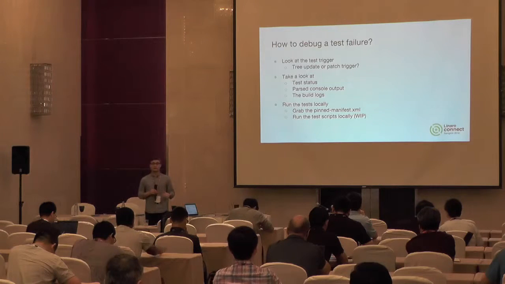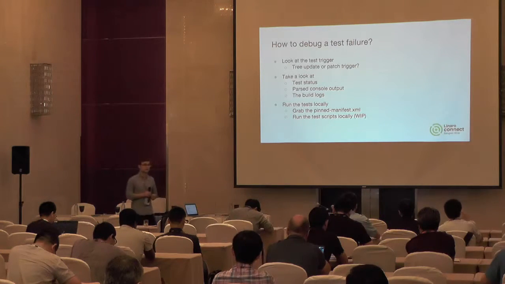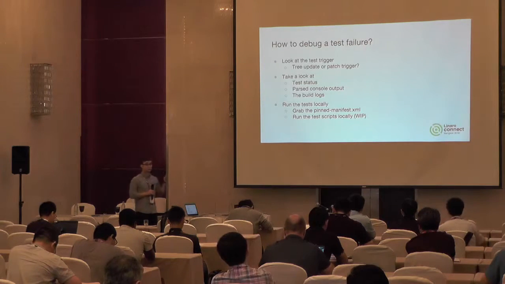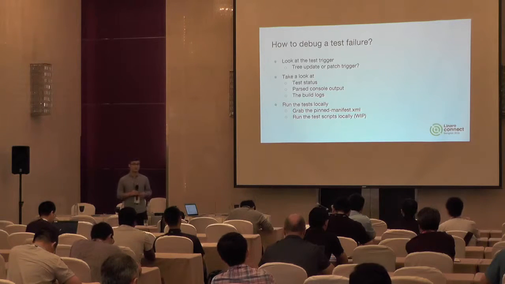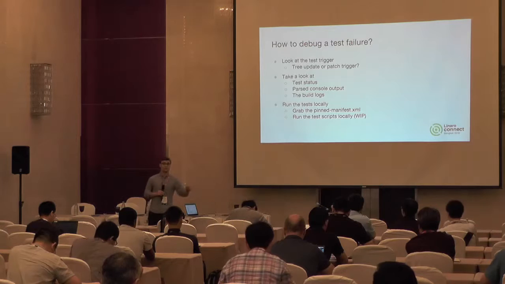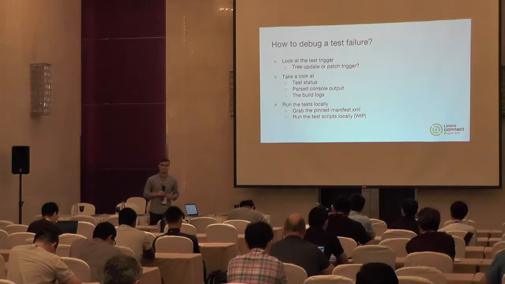Once you have identified the issue and you have at least a shallow understanding of what's happening, you should be rerunning the tests locally. And for that, you should use the pin manifest. So for every build, we store a pin manifest. This is basically a way of reproducing exactly the same Android code base as the one that was tested.